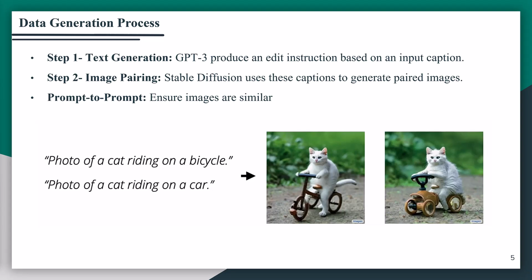As you can see, for example, we have two images. The left one is a photo of a cat riding on a bicycle, and the right side is a photo of a cat riding on a car. These images are very similar with minor changes.